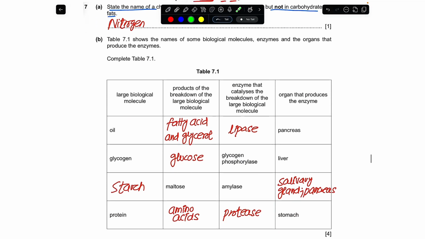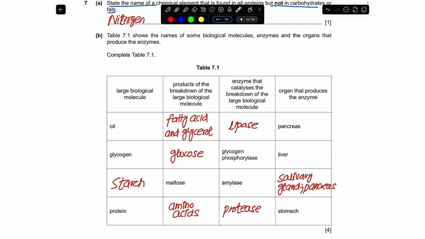The B part is related to the enzymes that are involved in the digestive process. We were required to fill up the table where initially they gave us the name of the large biological molecule, the breakdown product that we would have when the large biological molecule is broken down, the enzyme that would bring about the breakdown, and the organ that produces the enzyme.